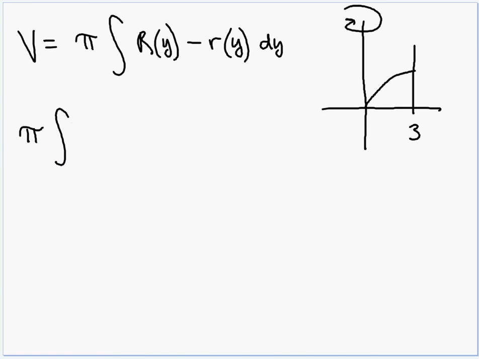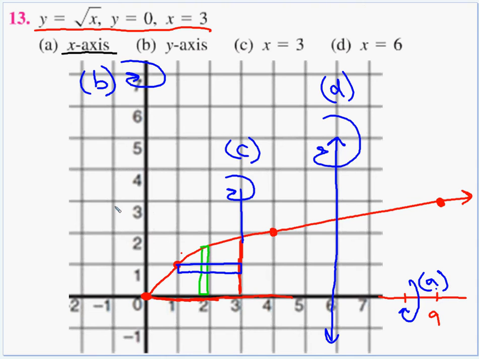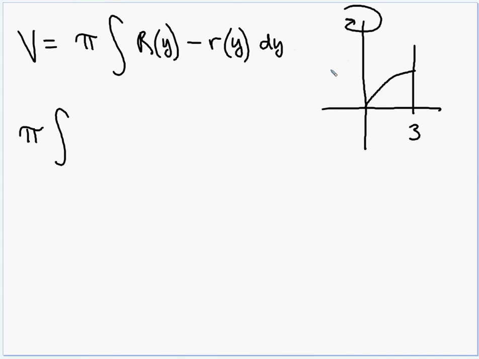From. Ooh, now let's back up here a minute. We're going to need everything in terms of y. So this equation, I would have to square both sides. x equals y squared. So if y equals root x, x equals y squared, because we need our function to be in terms of y.